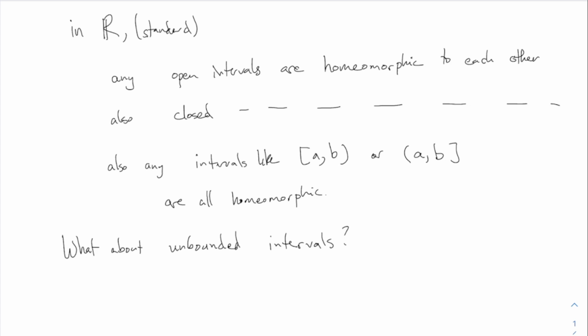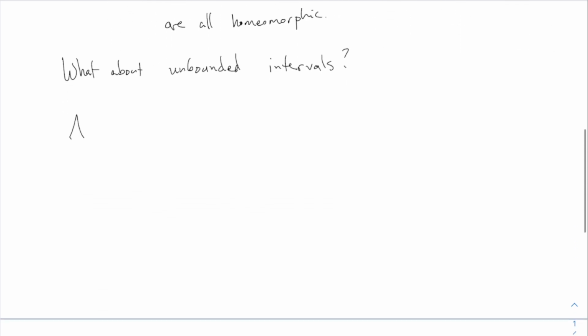Actually, it turns out, and this is a little bit surprising, all of R is actually homeomorphic to a small open interval. I don't know if this is what you were expecting or not, but all of R is homeomorphic to any bounded open interval.